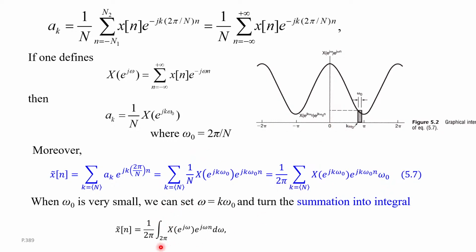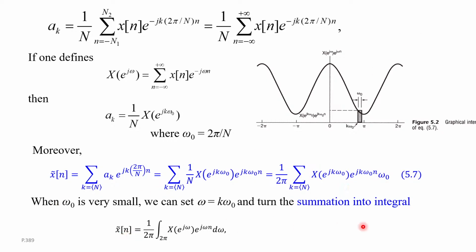So you will integrate over some range of 2 pi, and now you can write those in terms of this continuous variable omega: x of e to the j omega, e to the j omega n, and this omega naught becomes a differential d omega. So any questions? This is all very similar to chapter 4.